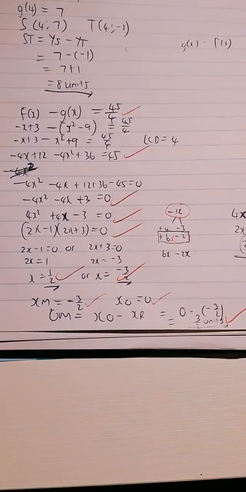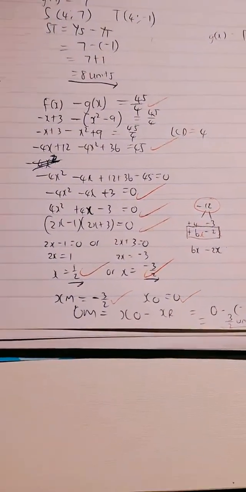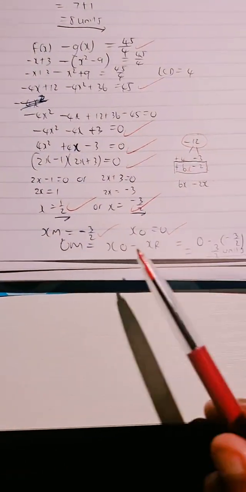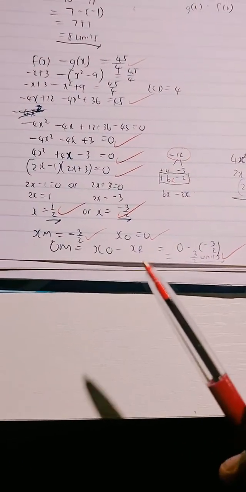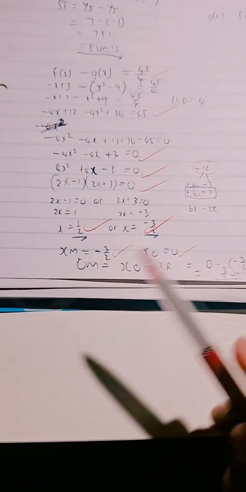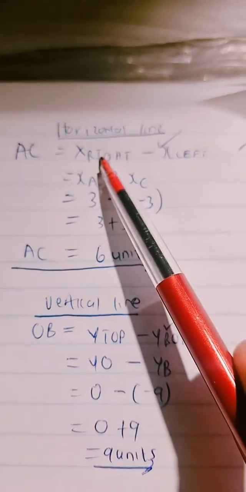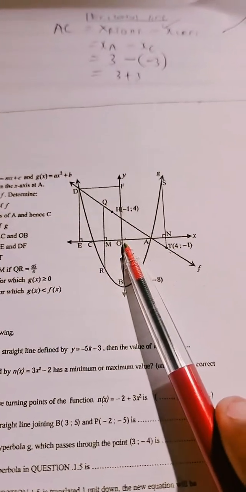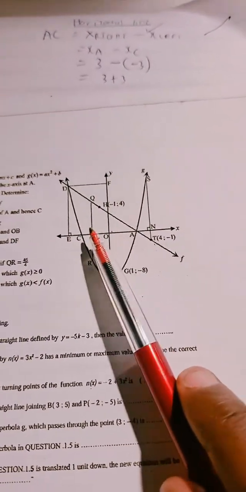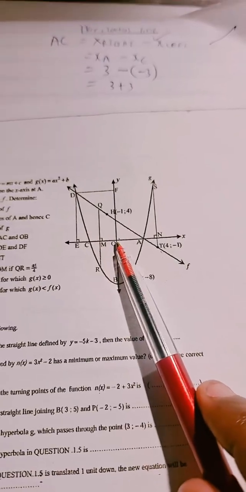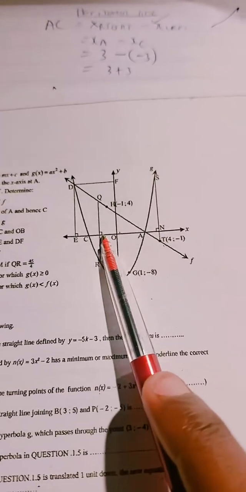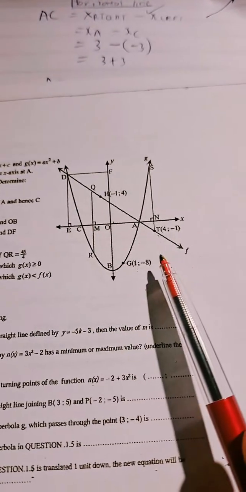We don't have to use the length formula after we have x values. The length formula can be used if you want, but we've summarized that for any horizontal line, we can take x on the right, which in this case is the x coordinate of O, which is 0, minus x on the left, which is the x value of m you found, -3/2.